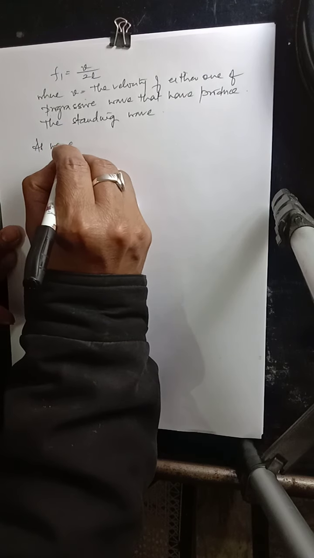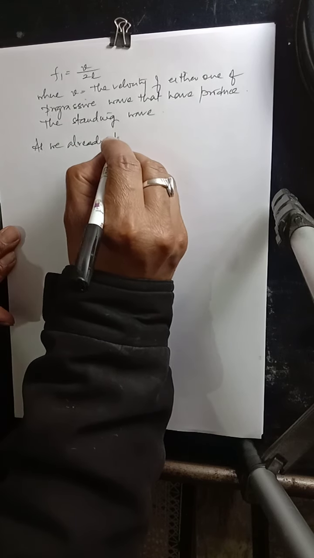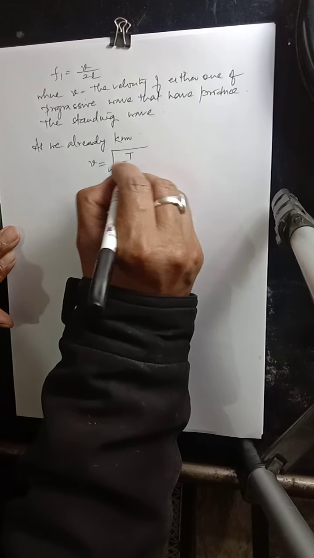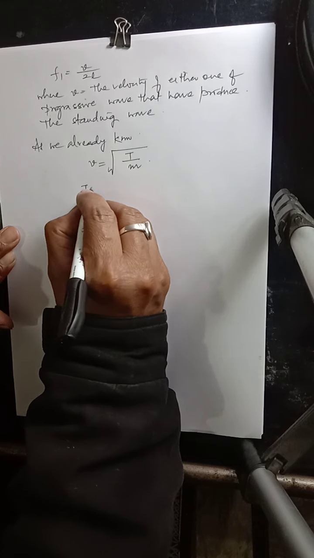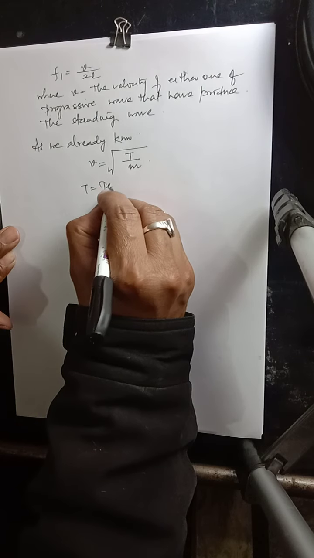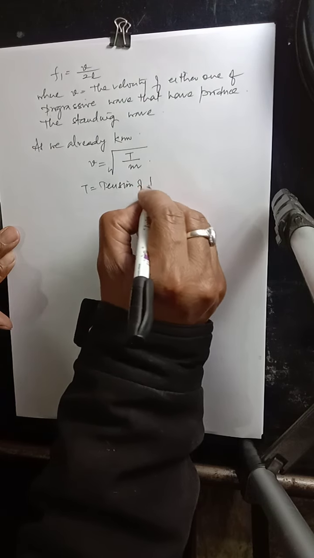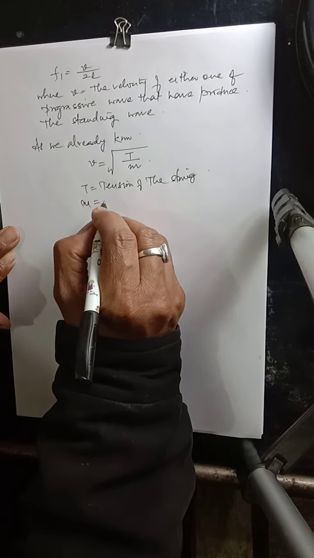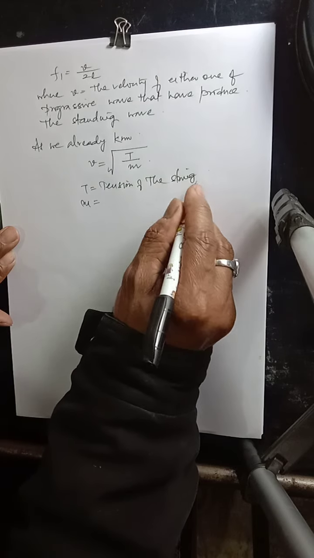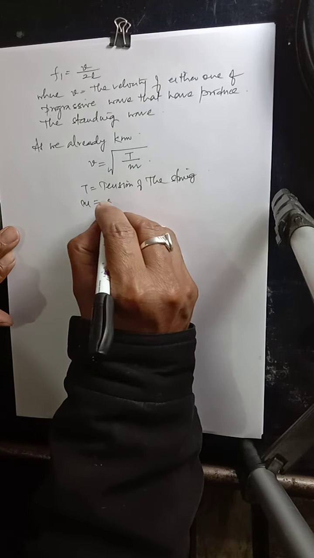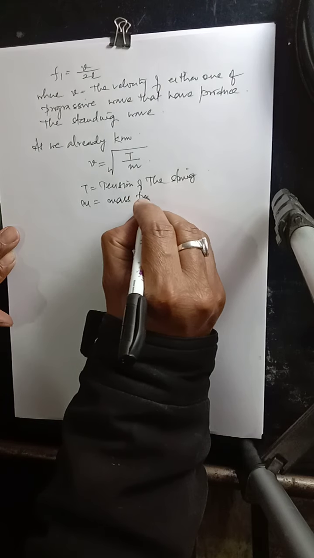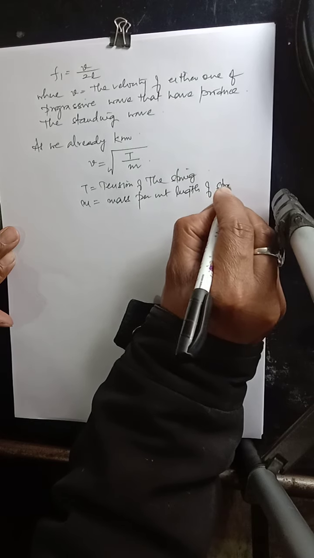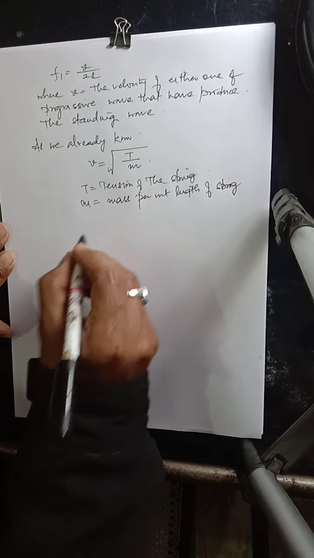As we already know, the velocity is under root T by m, where T is the tension of the string and m is the mass per unit length of the string.